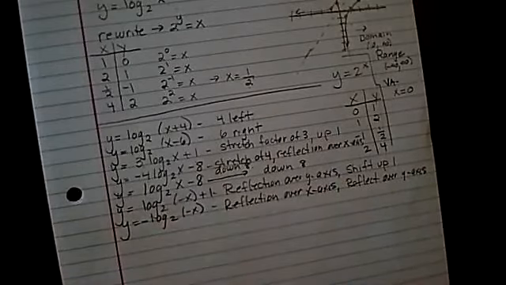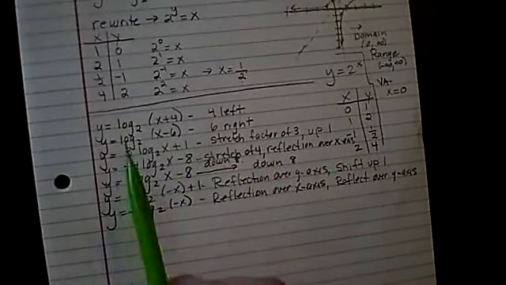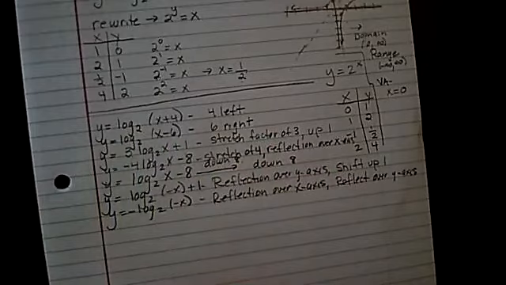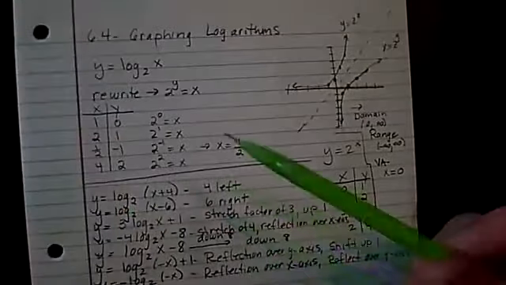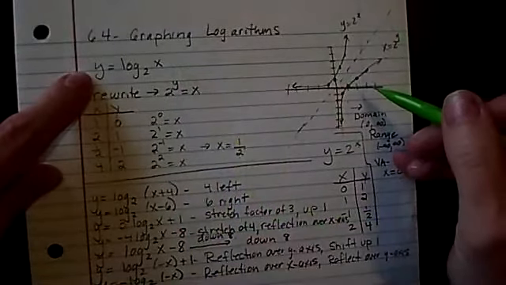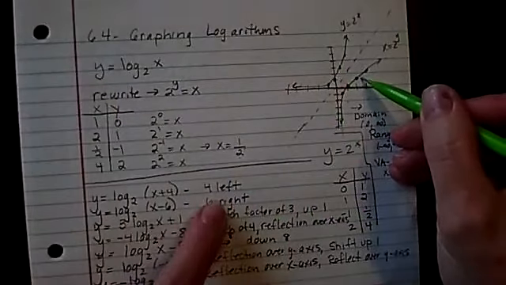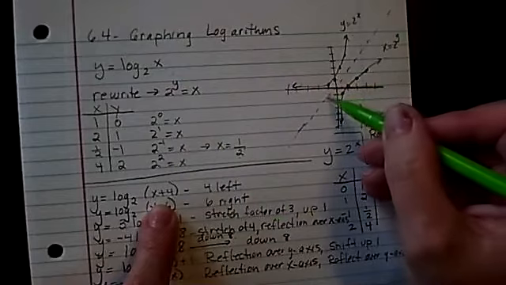So that's just being able to explain what's going to happen to that graph. You're given just the general graph that we talked about. This is the same graph we're talking about down here. We take this original graph and we're going to shift it. If I do this, I would shift all of these points 4 to the left.